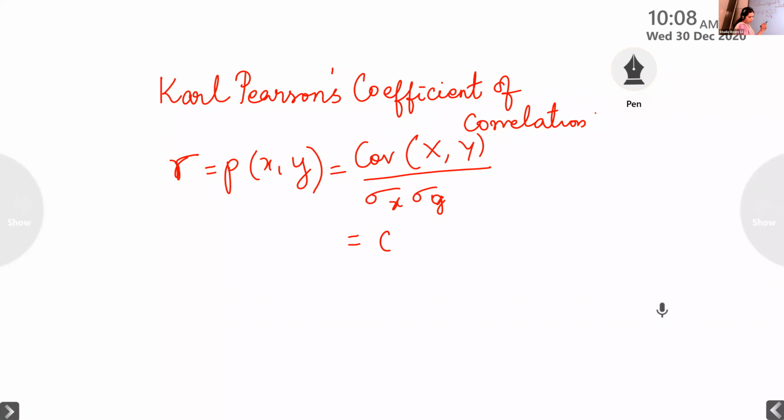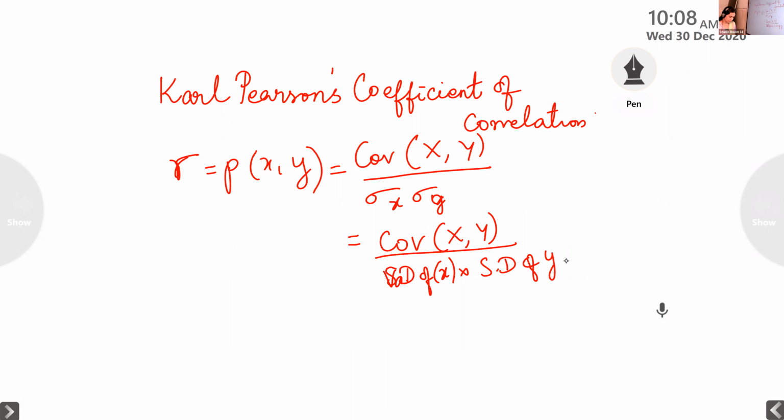That is, covariance of x comma y by standard deviation of x into standard deviation of y.